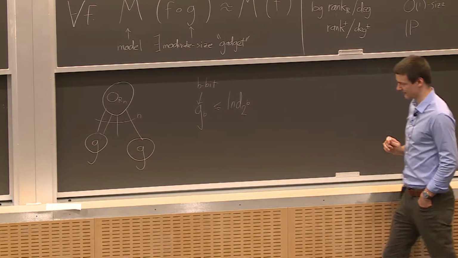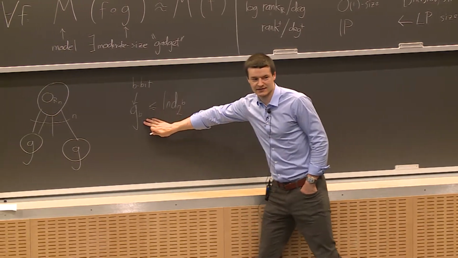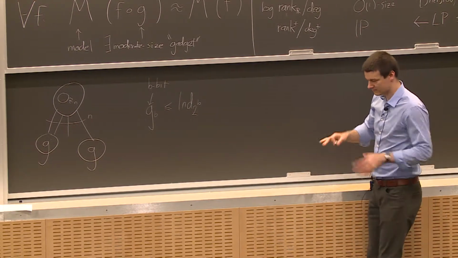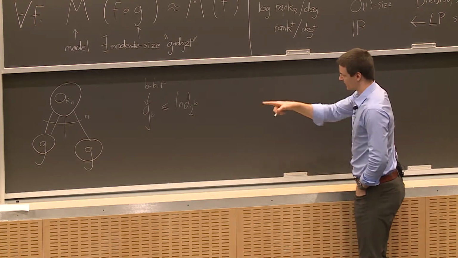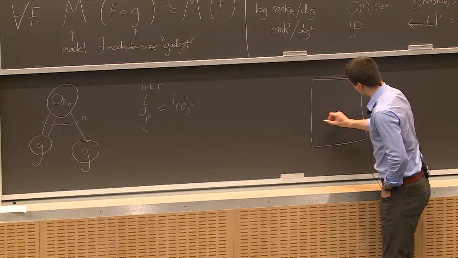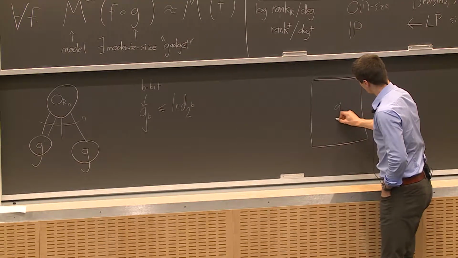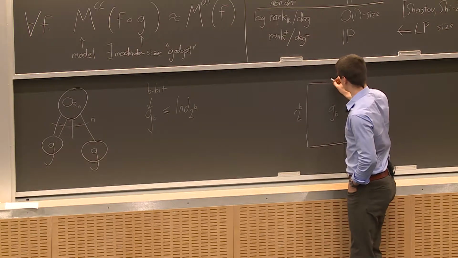So why is this, actually? Think of any gadget on B bits through its communication matrix, or view it as a matrix. So G is nothing but a Boolean matrix with 2 to the B rows and columns.